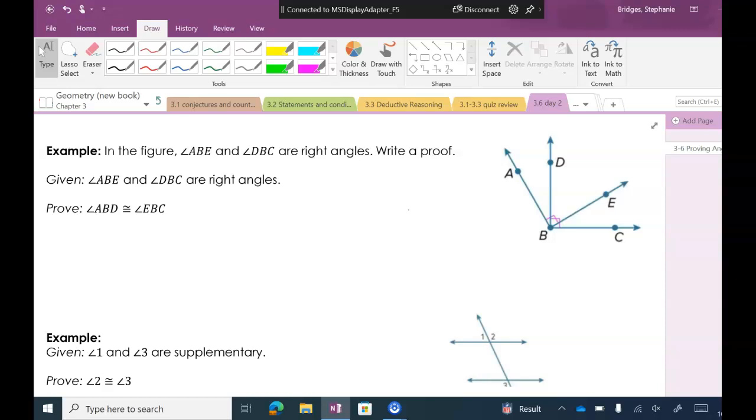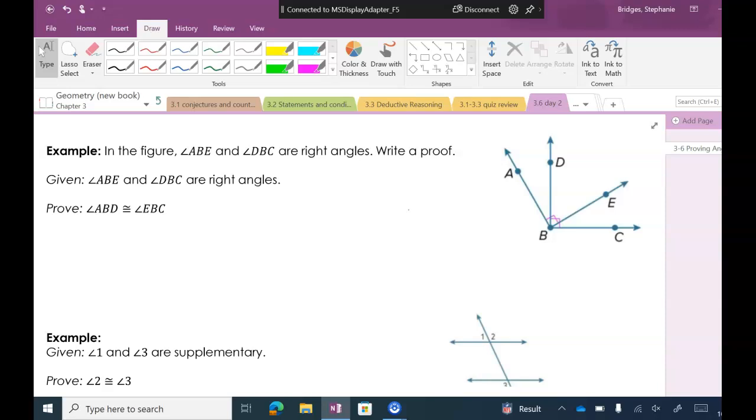Okay. And it wants me to prove that angle ABD is congruent to angle EBC. Okay. So it has that box there, but it also has that box right there, correct? Yes.